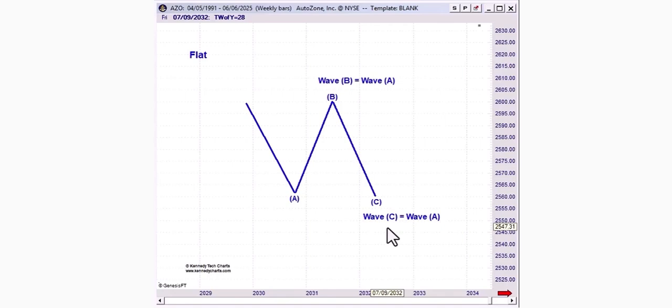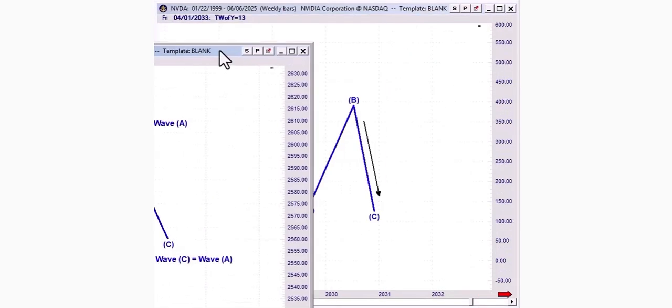For example, the most common Fibonacci retracement for wave B of a zigzag, does anybody remember this? Well, that would be 0.382 followed by 0.618 followed by 50% retracement. And then some of the multiples we see between wave C and wave A would be equality followed by 1.618, then followed by 0.618. Well, with a flat, very simple, basically what we're looking for is equality.